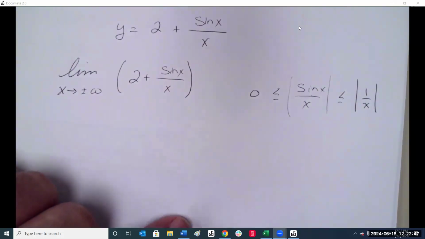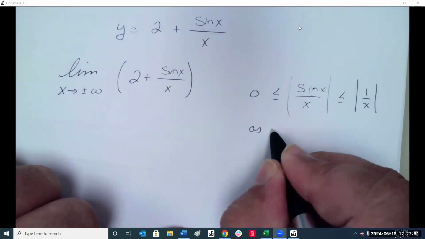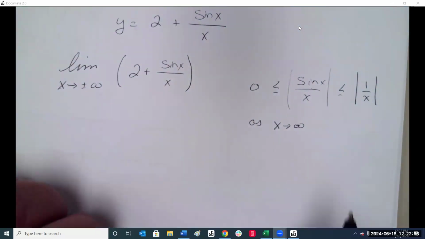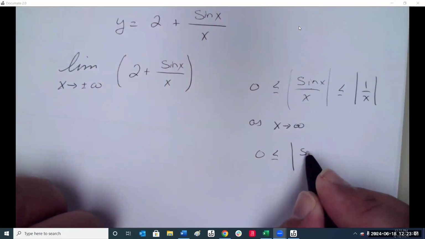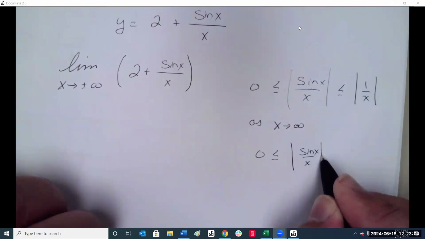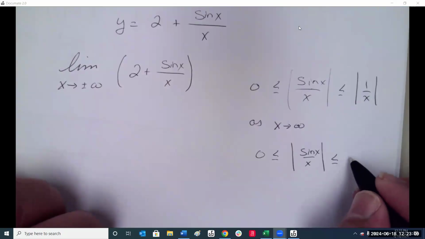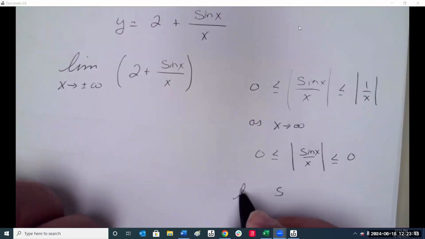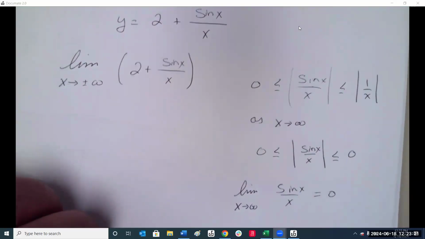So using the sandwich theorem, as x goes to infinity, where does one over x go to? So as x goes to infinity, sine x over x goes to 0.